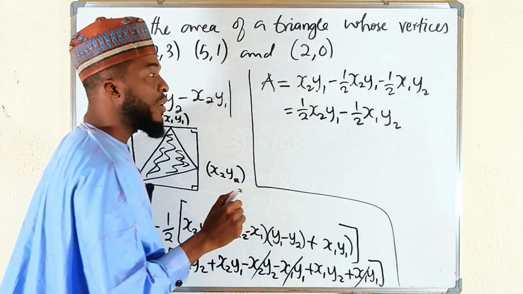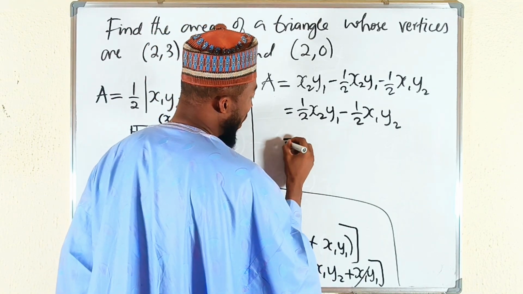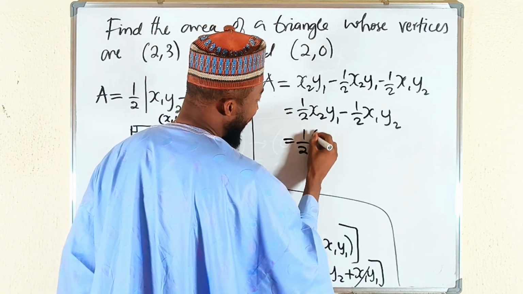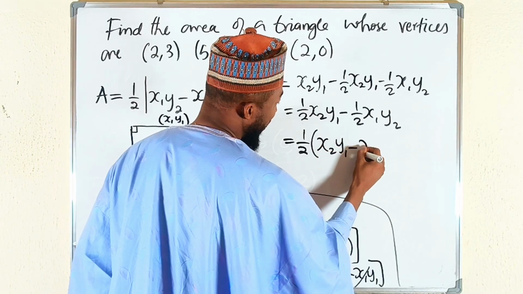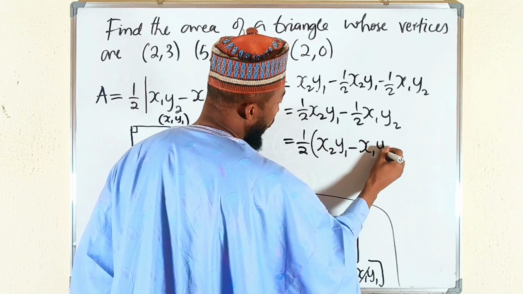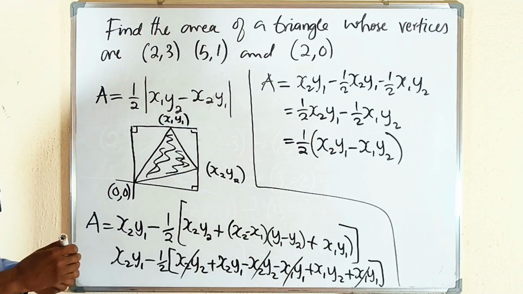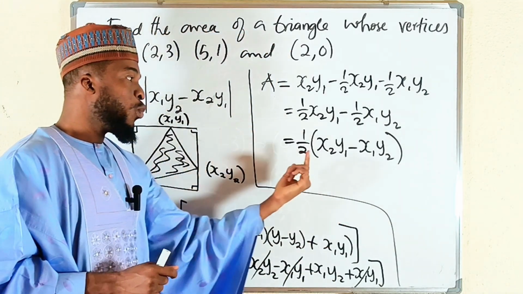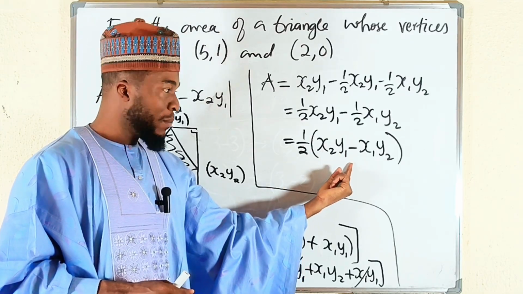So what do we need to factor out? 1 over 2, because we have 1 over 2 in common. So you have 1 over 2 outside. Inside you have x2, y1 minus x1, y2. All right. The problem is you don't know whether this is negative or positive because they are values.